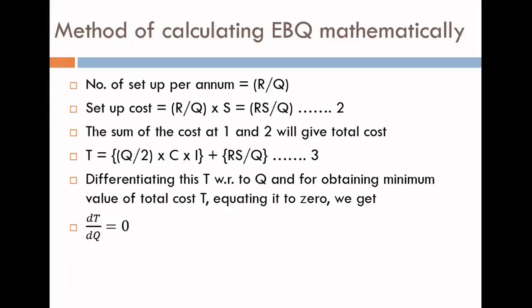Here we put the value of T and the value of Q. So dT by dQ is equal to CI by 2 minus RS by Q square. Here C and I are constant values, and dQ by dQ is equal to 1 as per the rule of differentiation. As the rule of differentiation, d by dQ of 1 by Q is equal to minus 1 upon Q square.